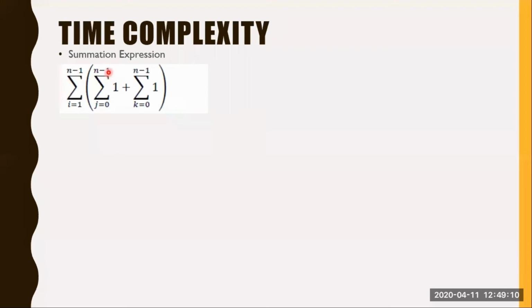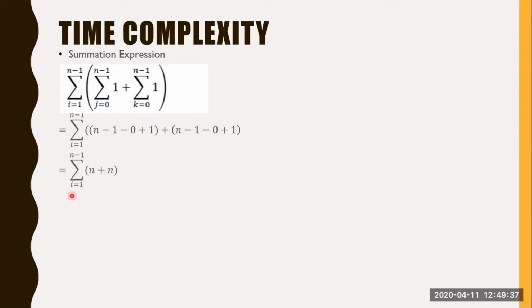Yes. So for both of these, it will be n minus 1 minus 0 plus 1. Next, I am solving both these values. Once I solve them, you can see minus 1 and plus 1 get cancelled in both, so you get n plus n. So I get sigma of i equals 1 to n minus 1 of n plus n, which is 2n.